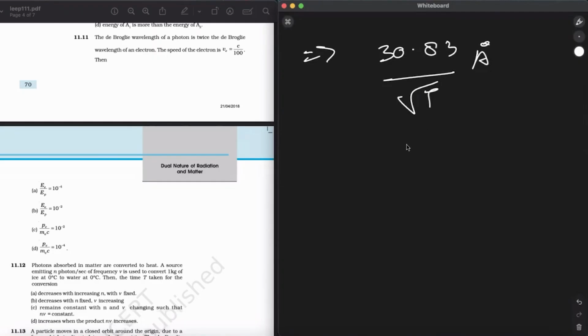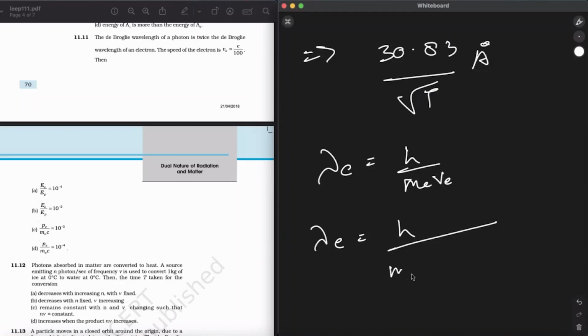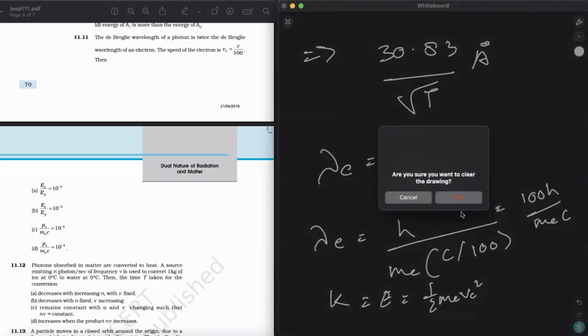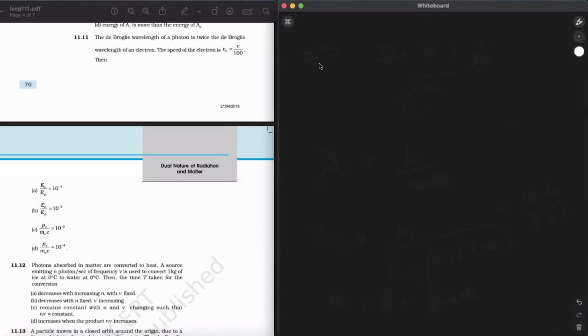Alright. Now, the de Broglie wavelength for electron will be h upon Me Ve. So lambda electron will be h upon Me C by 100, so 100 h upon Me C. So kinetic energy: Me Ve whole square, so Me Ve is equal to under root 2 Me Ee.